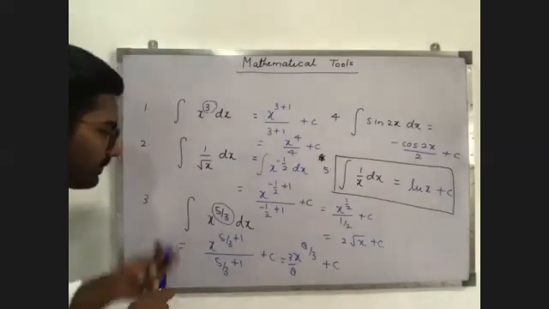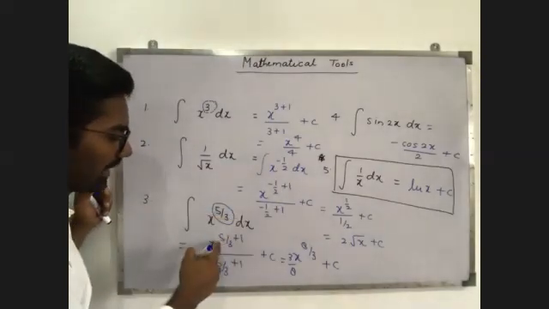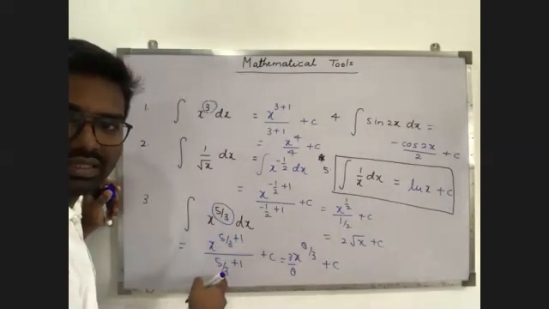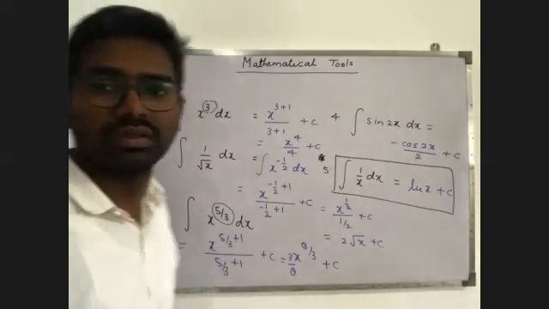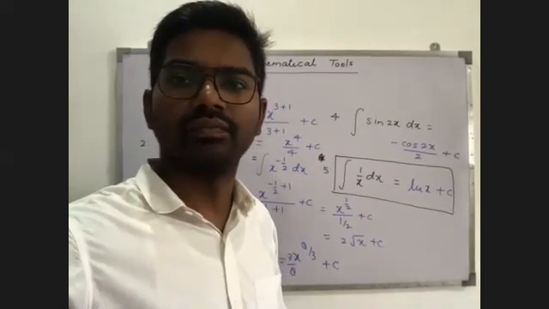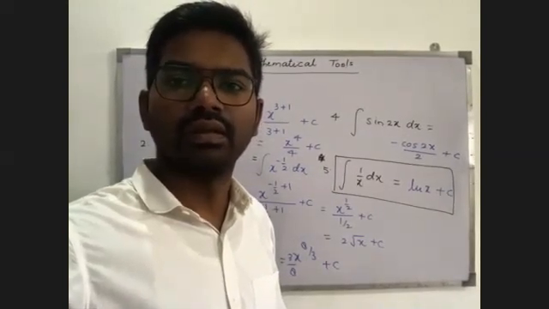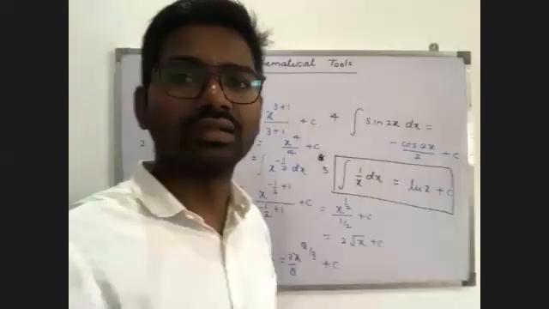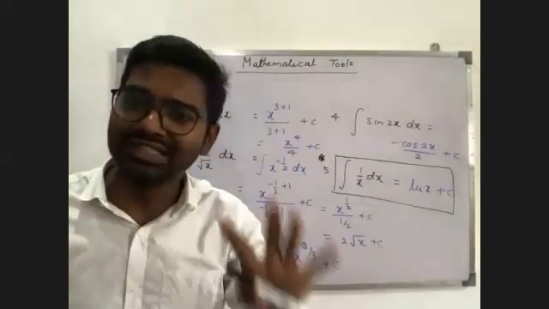Now x to the power n dx. So x to the power 5 by 3 plus 1 divided by... ln x is not undefined. Something divided by 0 is undefined.